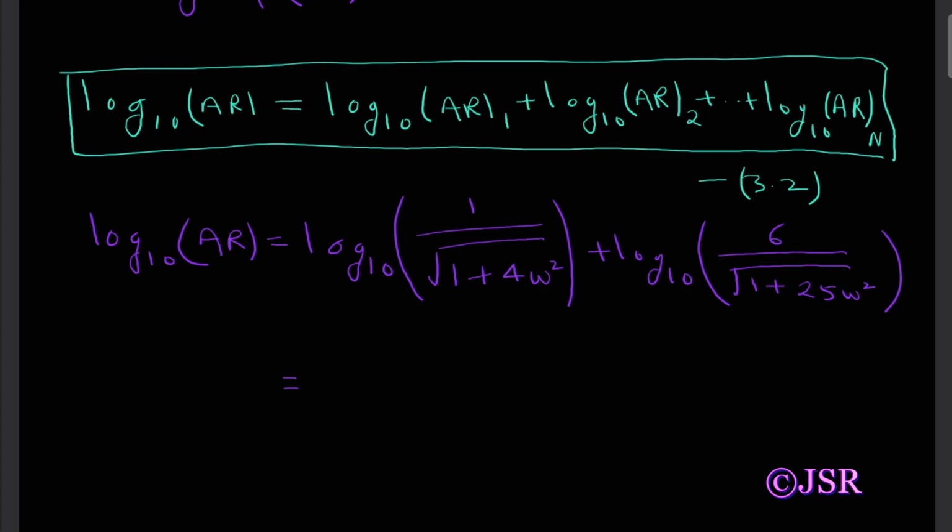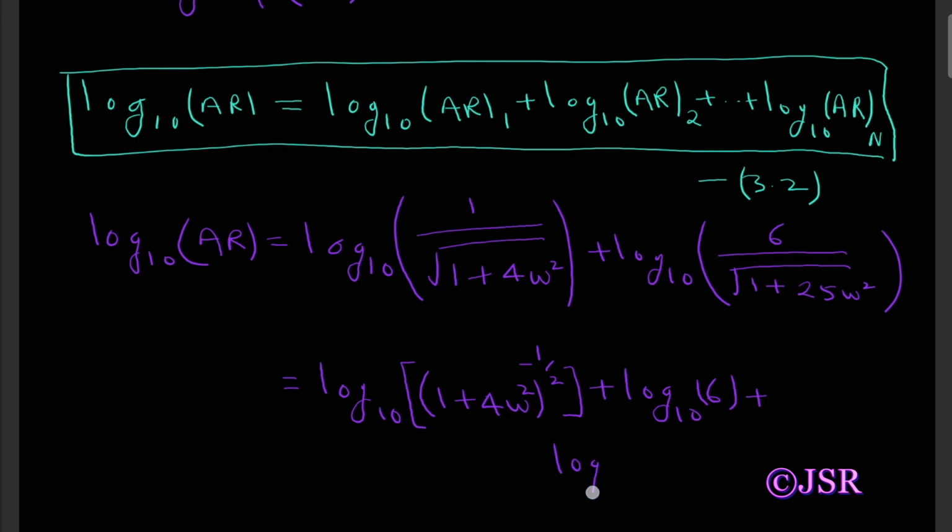So finally we can write this as log 10 of bracket 1 plus 4 omega square to the power minus half, plus log 10 of 6, plus log 10 of 1 plus 25 omega square to the power minus half.